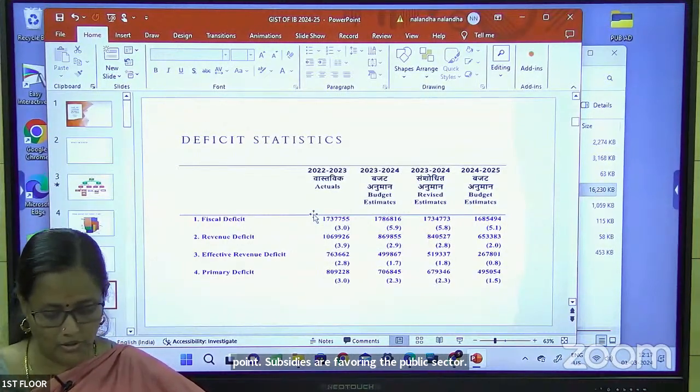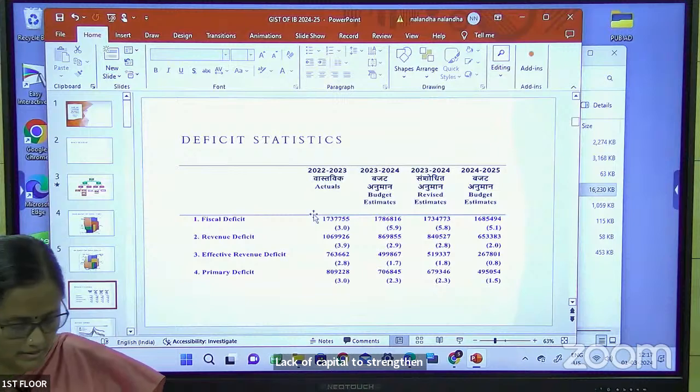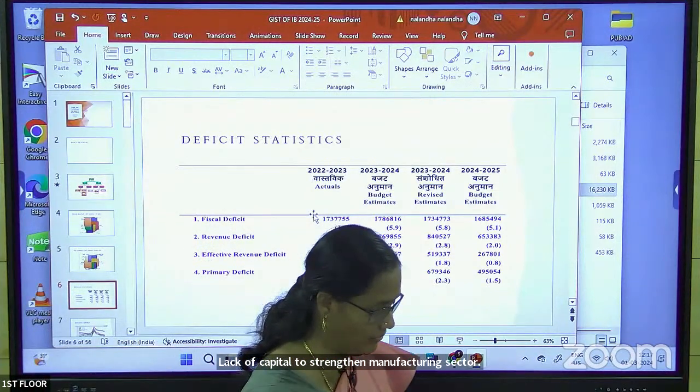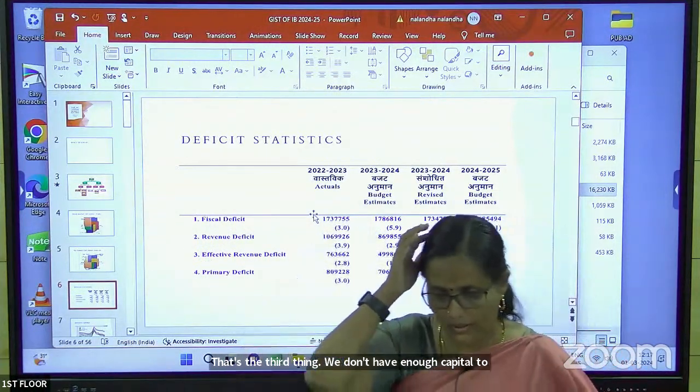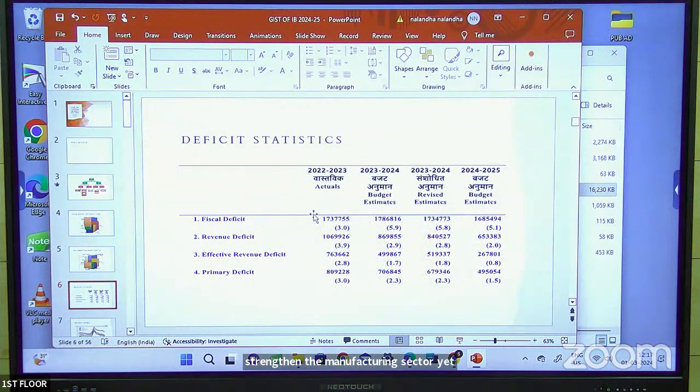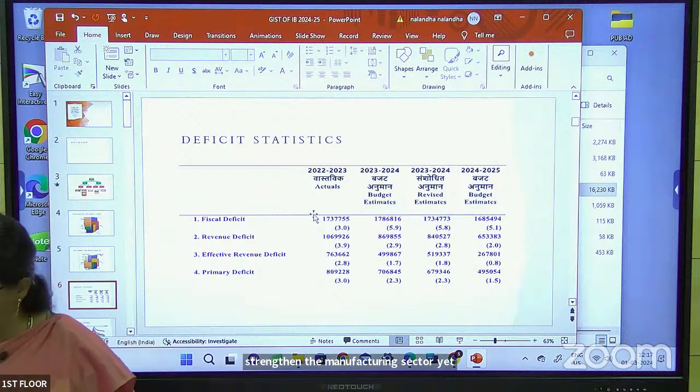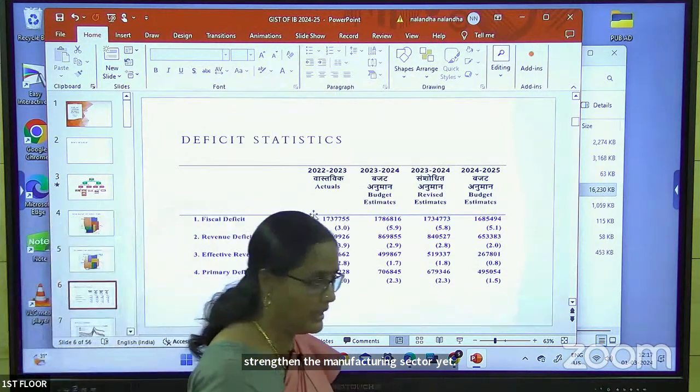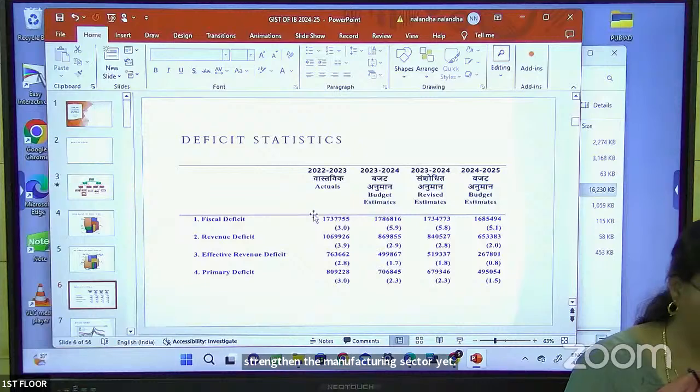Lack of capital to strengthen manufacturing sector. That's the third thing. We don't have enough capital to strengthen the manufacturing sector yet. Fourth, we have a very large informal sector.